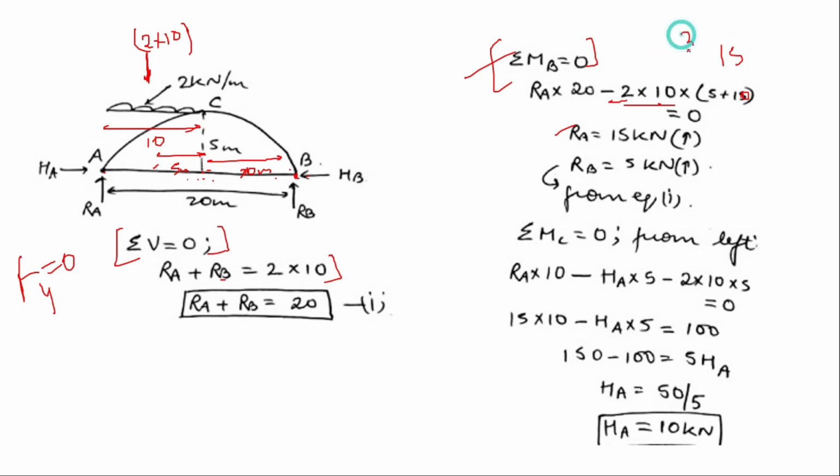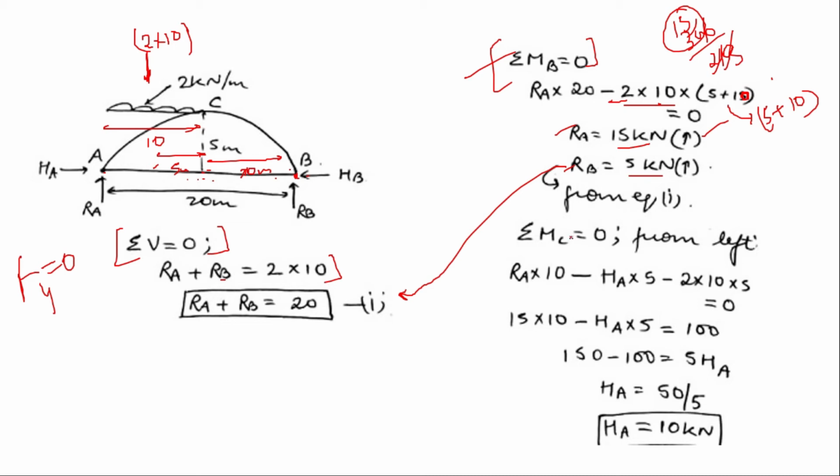So 300 divided by 20 gives you 15 kilonewton. So the answer will be 15 kilonewton. Sorry for this mistake in the figure. Then RA we have found to be 15 kilonewton, and RB will be equal to 5 kilonewton. From this equation, if we subtract 15 from 20, we get 5 kilonewton.